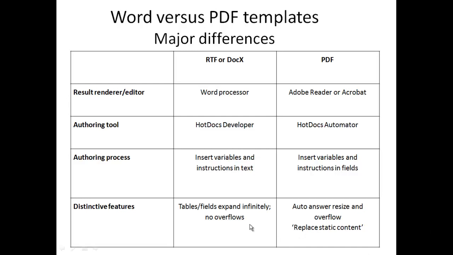With a Word template, when material expands, the underlying Word document will expand or contract. There's no concept necessarily of overflow. Whereas a PDF template, by definition, is a fixed format underlying form, and if something doesn't fit, it has to be dealt with, it has to be resized or overflowed.